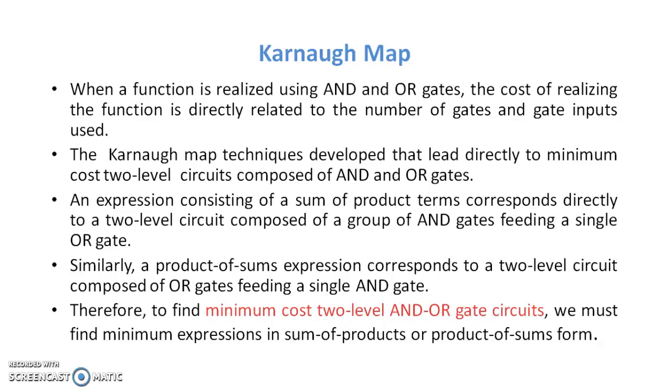A sum of products expression corresponds directly to a 2-level circuit composed of AND gates feeding a single OR gate. Similarly, a product of sums expression corresponds to a 2-level circuit composed of OR gates feeding a single AND gate. So for a minimum cost 2-level AND-OR gate circuit, we must find the minimum expression in the sum of products and product of sums forms.